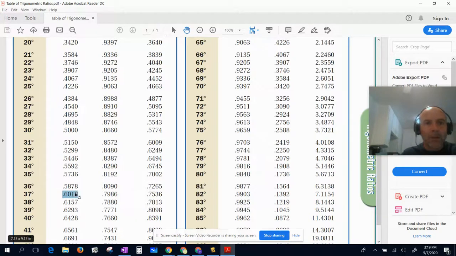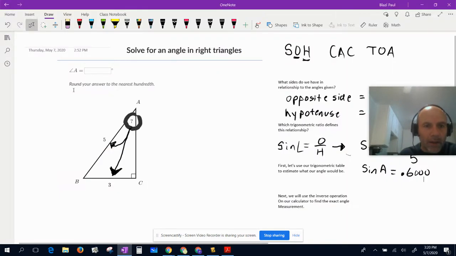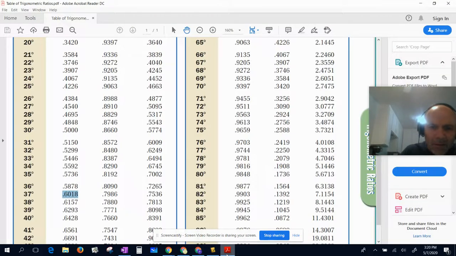Now we see that the question says round your answer to the nearest hundredth. Well, guess what? We can't do that using the table. We could only make a guess. As a matter of fact, first let's use our trigonometric table to estimate what our angle would be. What's your guess?